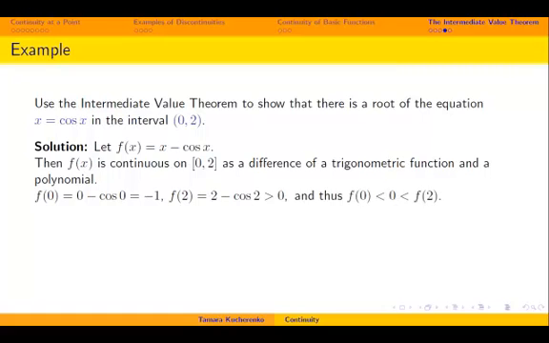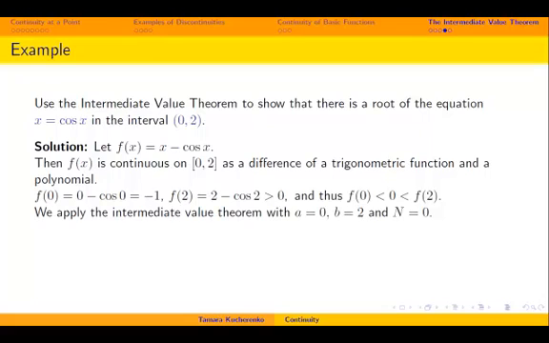Therefore, 0 is between f of 0 and f of 2. We apply the intermediate value theorem with a equals 0, b equals 2, and n equals 0.